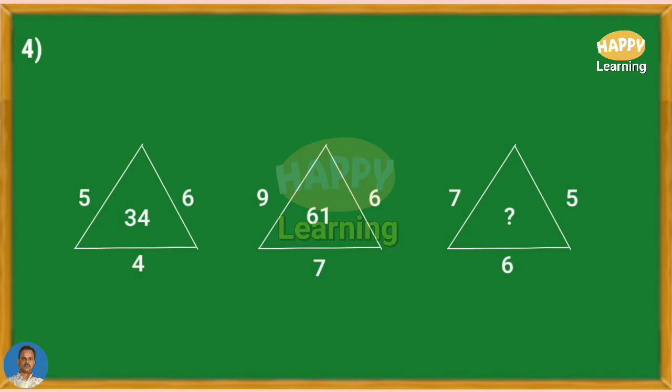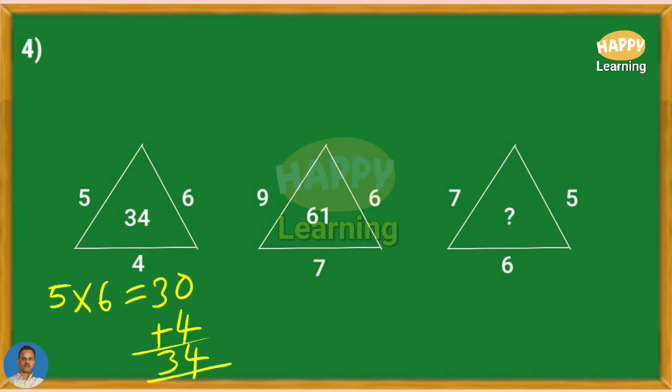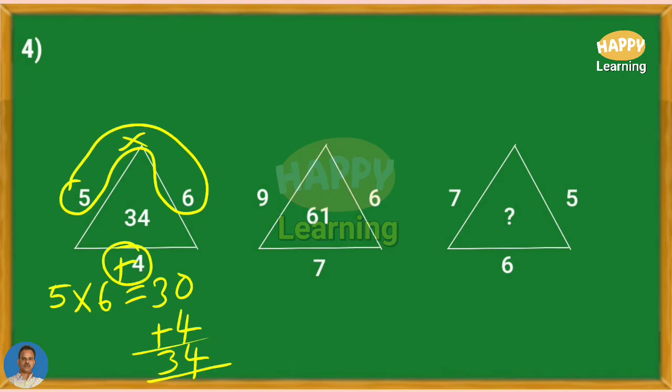So here 34 means 5 6s are, 5 into 6 equal to 30, then plus 4 equal to 34. So I am doing the product between these two values, then I am adding this value. 5 into 6 equal to 30, then on adding the third side 4 we get 34, that is there at the center of this triangle.